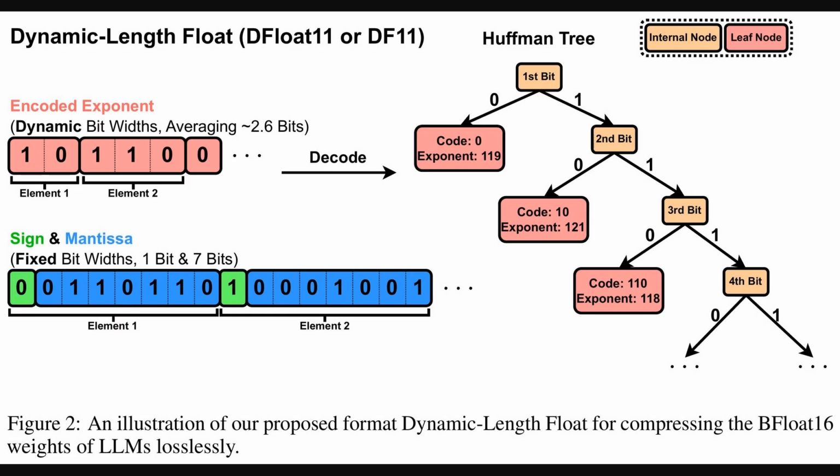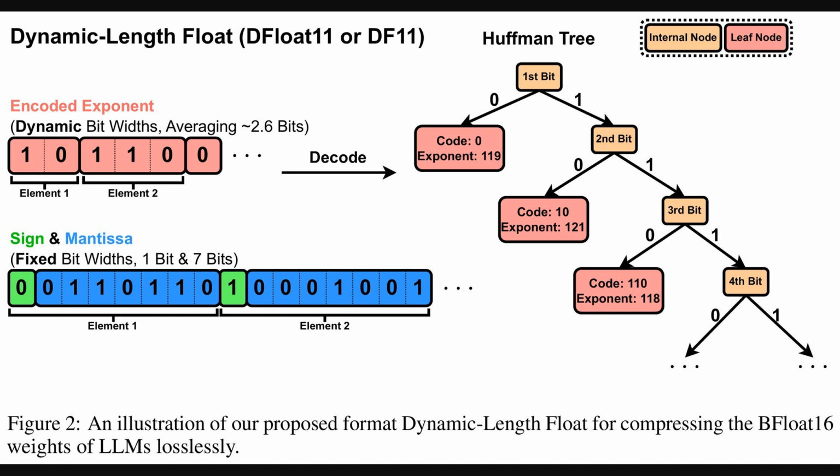Okay, so building on that idea of the exponent having low information content, this figure shows exactly how DFloat11 takes advantage of it. On the left, you see the DFloat11 format itself. Notice the sign and mantissa bits. They're kept exactly the same as in bfloat16, fixed width, no information lost there. But look at the encoded exponent part above them. Instead of a fixed 8 bits, it uses dynamic bit widths.